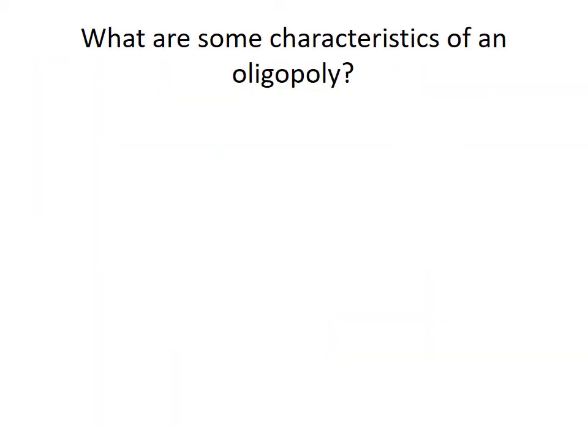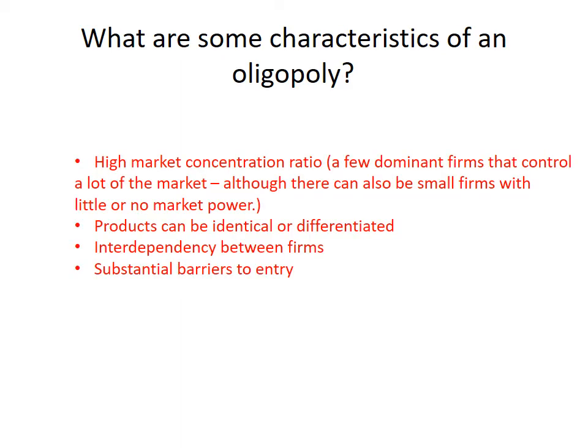So let's look at some major characteristics of an oligopoly. One, there's what we call a high market concentration ratio, where we have a few dominant firms that control a lot of the market, although there can still be some small firms with little or no market power.